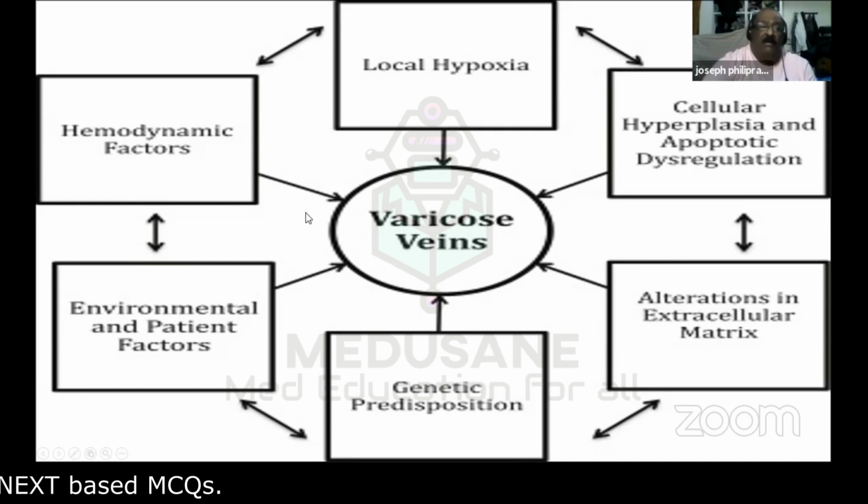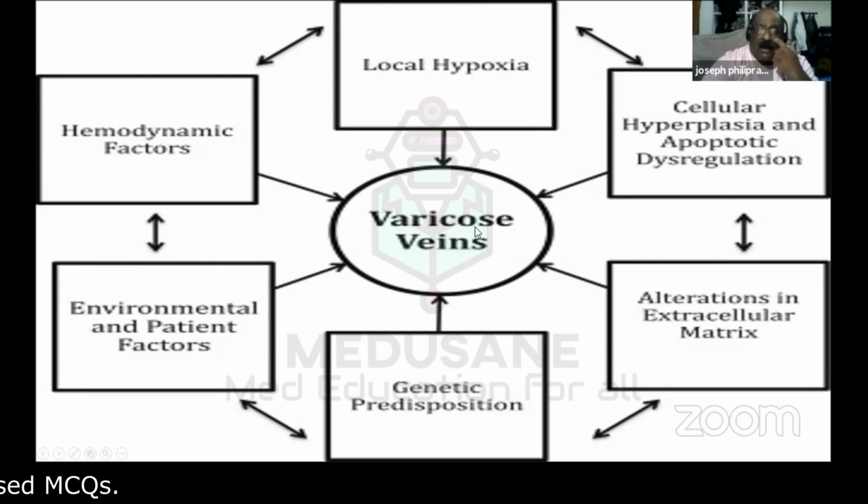So you should remember, it is due to genetic predisposition, environmental factors, and patient factors like occupation, and because of that standing, there is an increase in venous hypertension, which all contribute towards the formation of varicose veins.